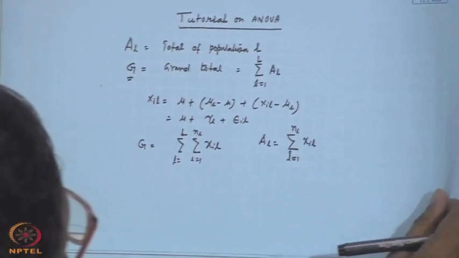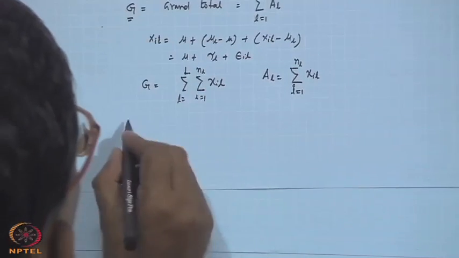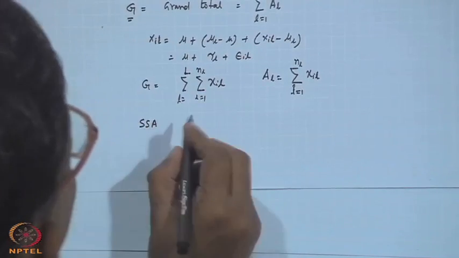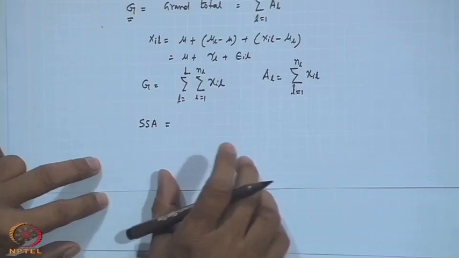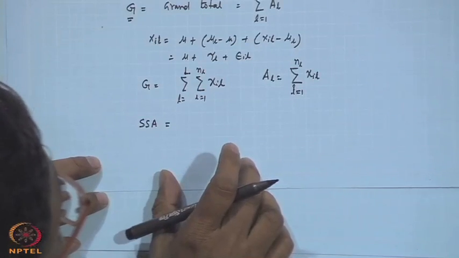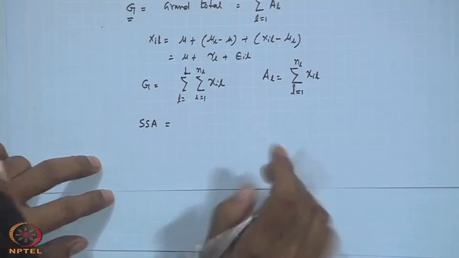And then we have seen the computation of SSA, that is sum square total. Here we will use a little different computation for ease of computation.